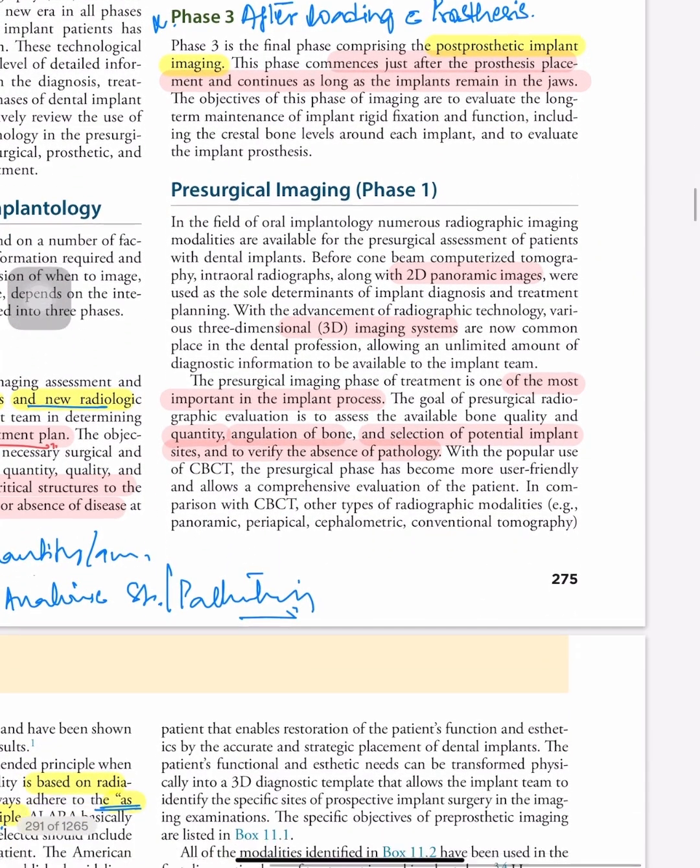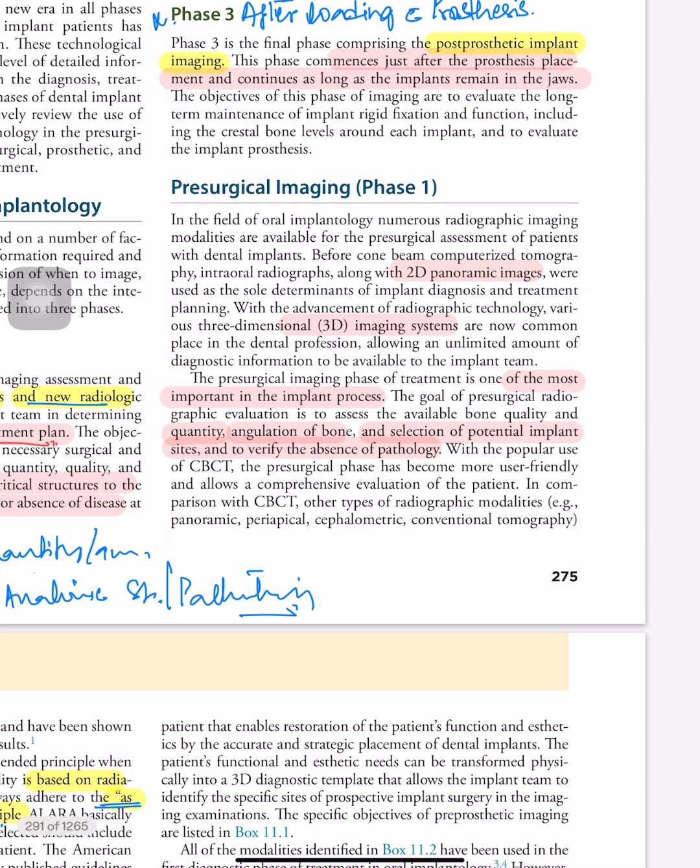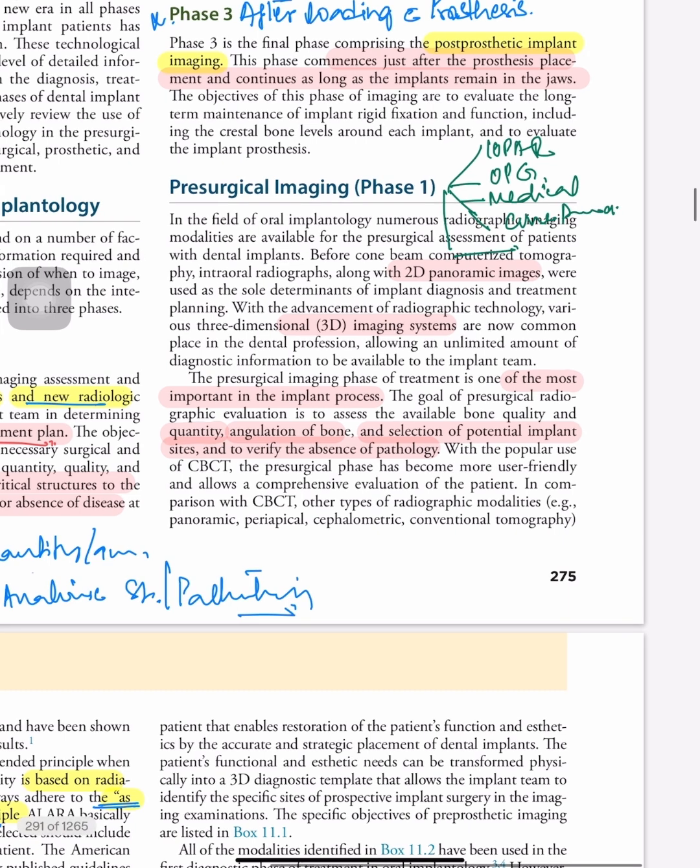So let's talk about pre-surgical imaging. When it comes to pre-surgical imaging, we have different modalities. We can take an IOPAR, we can take an OPG, we can take a medical CT, a cone beam CT, or we can do an MRI. Each of these modalities has its own advantages and disadvantages, its own indications and contraindications.